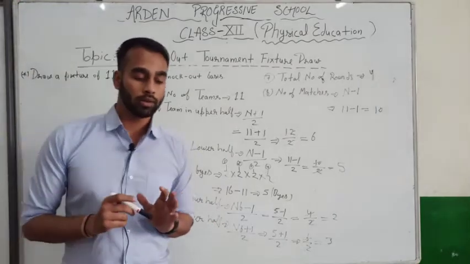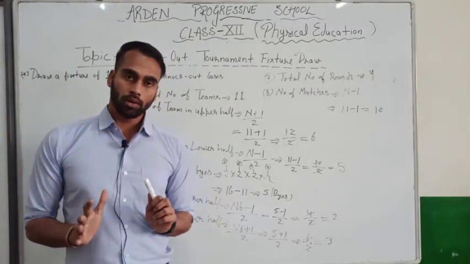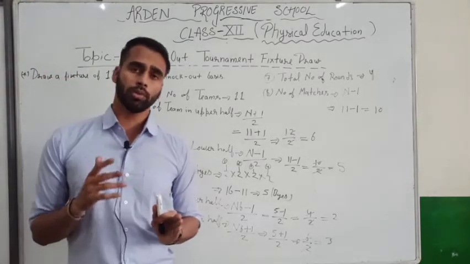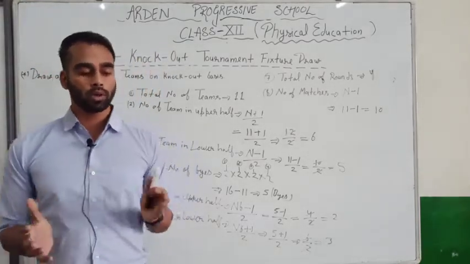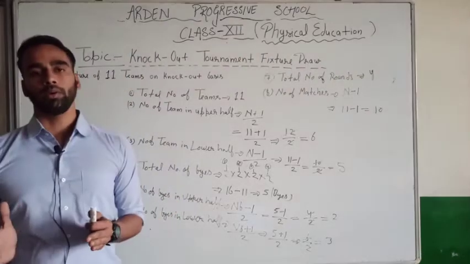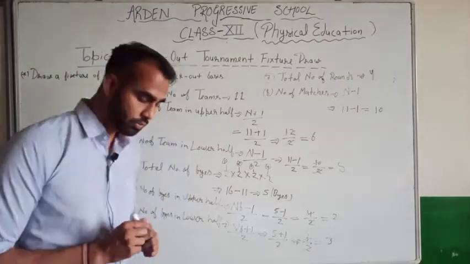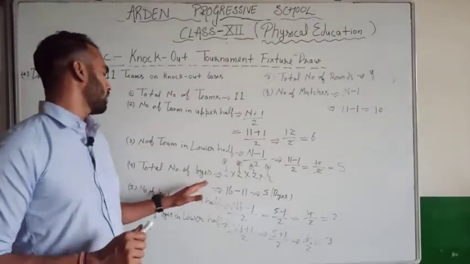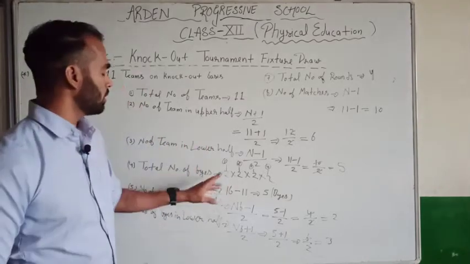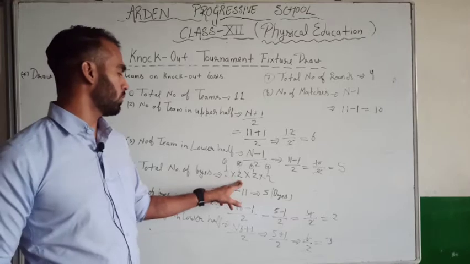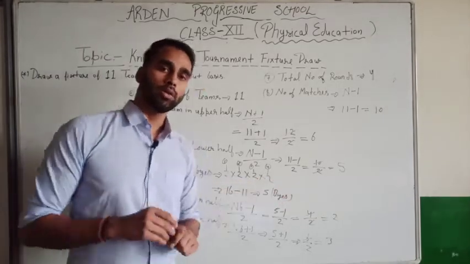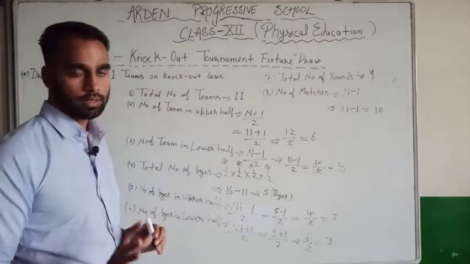We calculate the next highest power of 2, and take the difference between it and the total number of teams. 2 into 2 is 4, 4 into 2 is 8, 8 into 2 is 16.